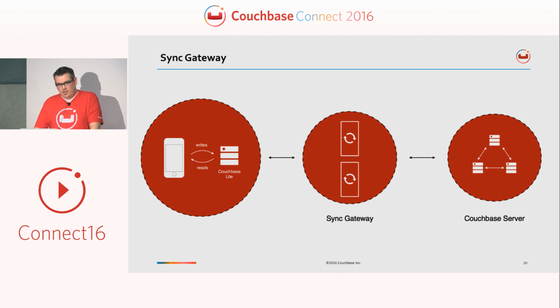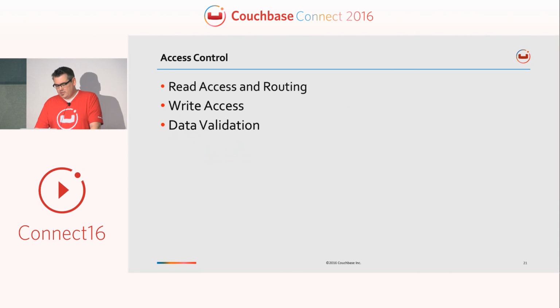Documents are getting written through Sync Gateway to Couchbase Server, and documents are getting read back through Sync Gateway to Couchbase Lite. When we're talking about access control, we're really talking about three main groups. We're talking about read access and routing: who can read the document, and when does that document get replicated to their device?